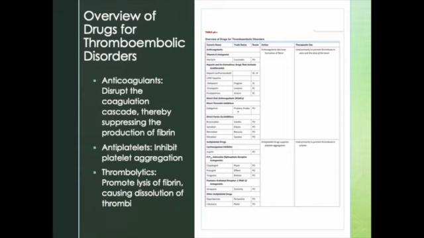Although the anticoagulants and antiplatelet drugs will both suppress thrombosis, they do it through these different mechanisms. As a result, their effects and their applications are also different. The antiplatelet drugs are most effective at preventing arterial thrombosis, whereas anticoagulants are more effective at treating venous thrombosis.